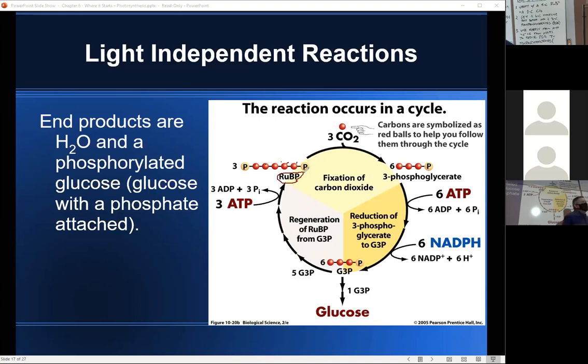Phosphoglyceraldehyde, we abbreviate this PGAL. If you just remember PGAL, you don't have to remember the whole big word.